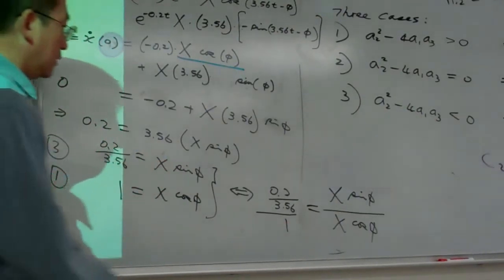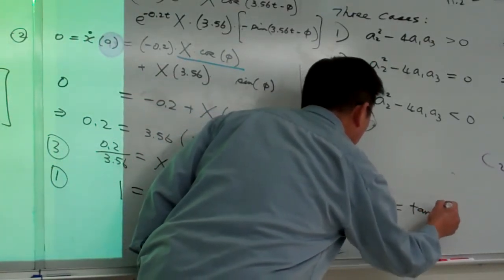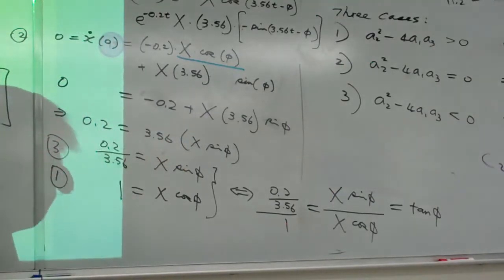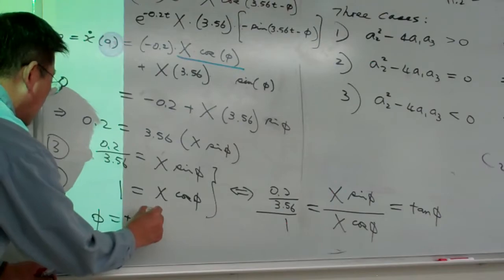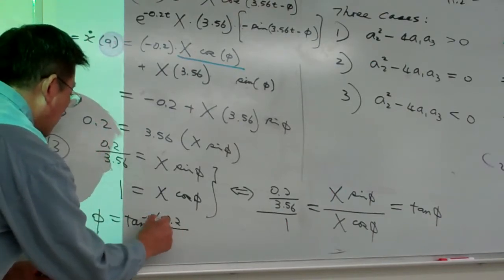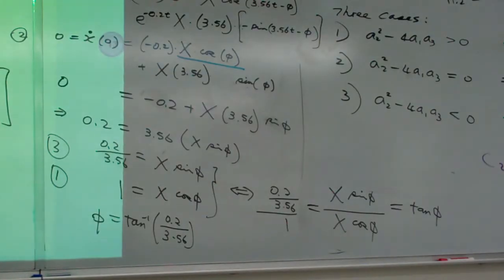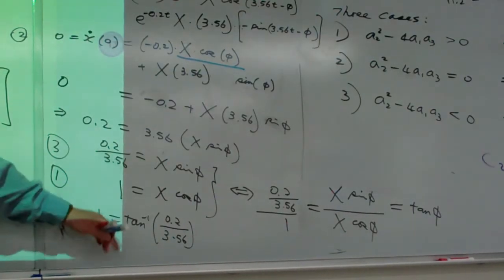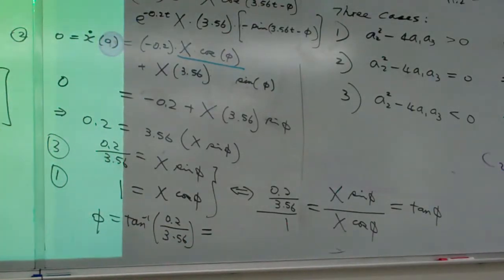So basically this is equal to tangent. So from here, tangent phi, you can obtain phi equal to arctangent of 0.2 divided by 3.56. Anyone have a calculator? Can give us a number for this? That's arctangent of 1 over 18.